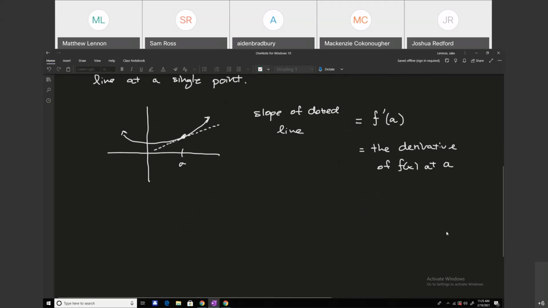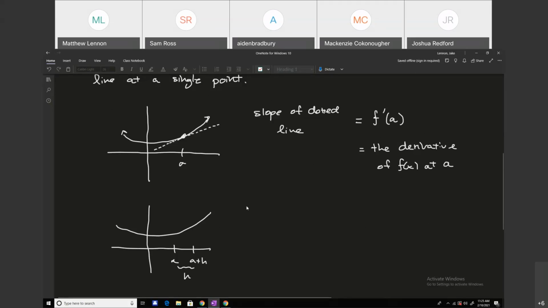So the way we get the limit is, instead of thinking about it as A and B, we think about A as our focal point, and then we think about, what if you were a little bit away from that, maybe a small value, something like h, then this point would be A plus h.